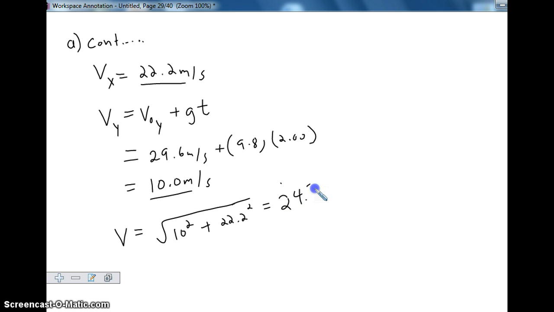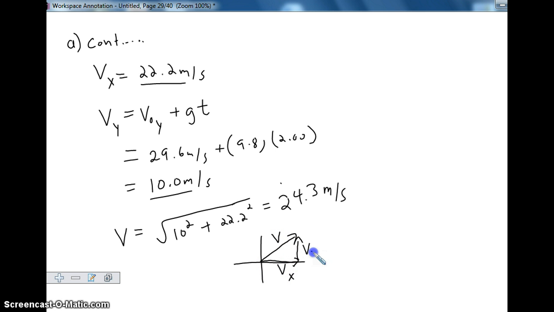But it did also ask for direction, so we could even draw our little vector diagram here real quick to see what quadrant it comes out with. The x is positive, remember head to tail, so it's pointing this way. The y is also positive this way, and there's our resulting vector v at 2 seconds.